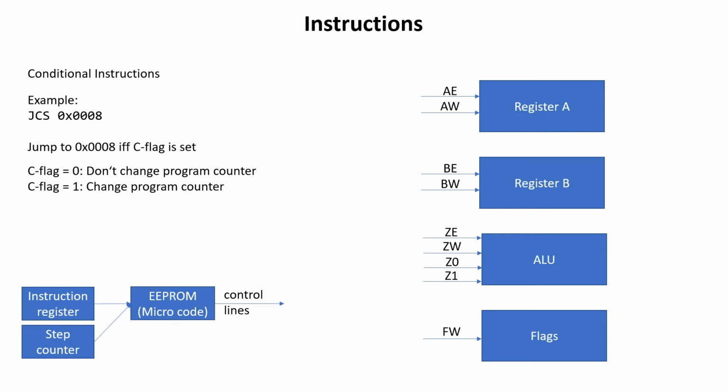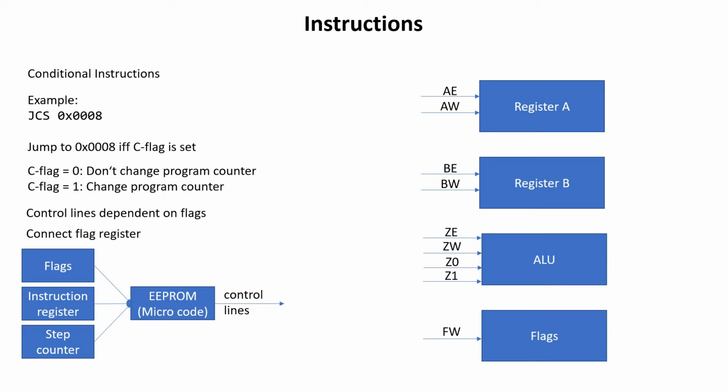So these are two different ways to execute the same instruction depending on whether or not the C flag is set. And you can see that the control lines that we need are dependent on the flags, so on the state of the flags. And to do that, you can also connect the flag register to the EEPROM.